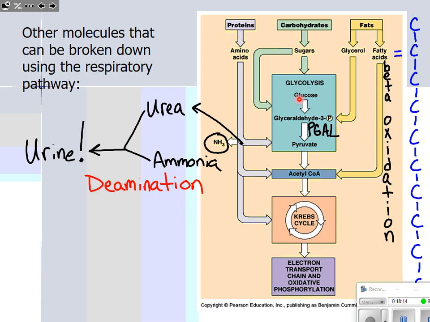I can't start here because I'm not starting with glucose, and there's no way to turn a protein into glucose. So what I'm going to do then is just bypass glycolysis, and I'm going to take that amino acid and either turn it into a pyruvate or turn it into an acetate, plug it into the Krebs cycle.